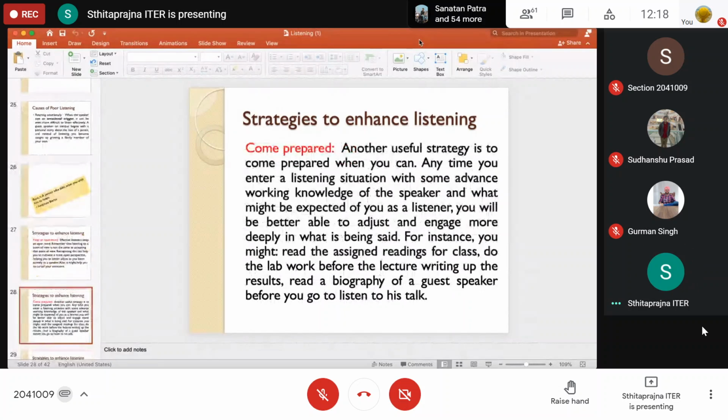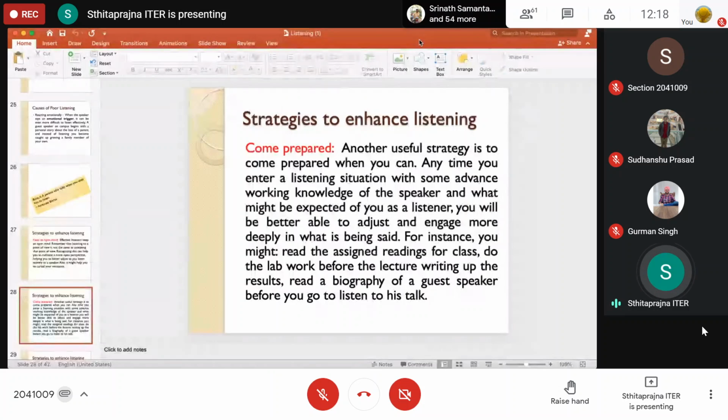Second is come prepared. This is a very, very useful strategy, especially for classroom listening. When you come prepared to the class, this helps you to be better equipped in listening, because you would listen more keenly in the class if you are prepared, so that you try to fill out the gaps that you might have missed out.